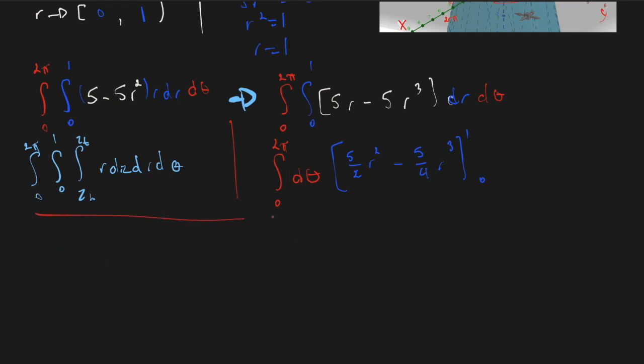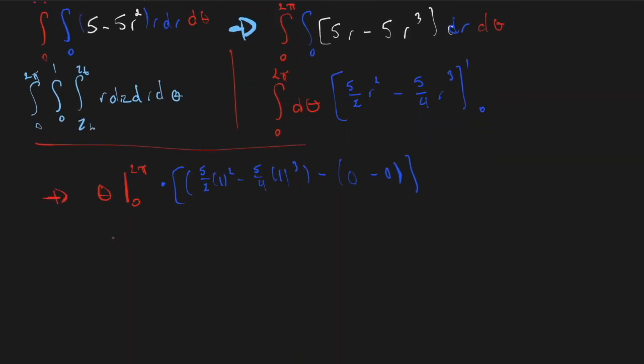We get theta from 0 to 2 pi, times 5 over 2 times 1 squared, minus 5 over 4 times 1 cubed, minus, well, you plug in 0, you get 0, so that goes away. So now that's just 2 pi times 5 over 2 minus 5 over 4.